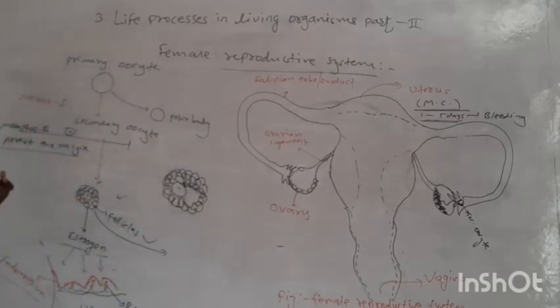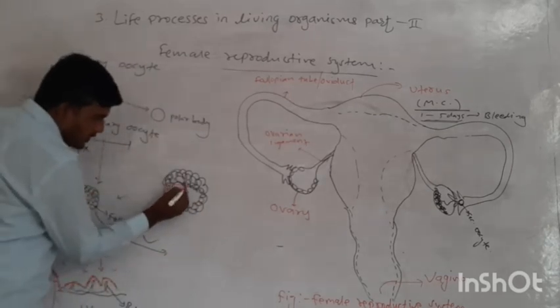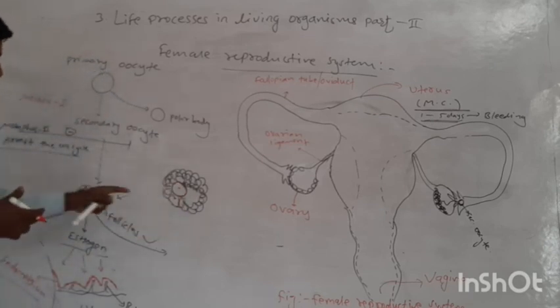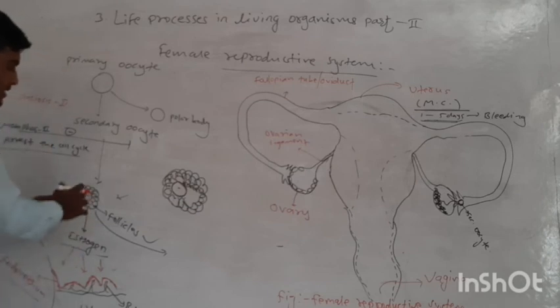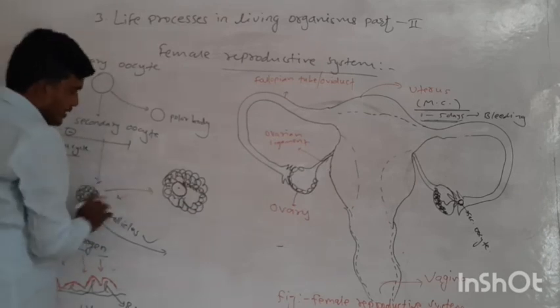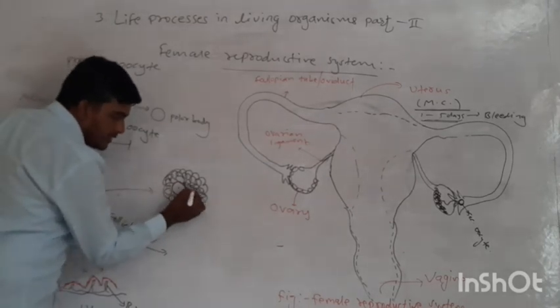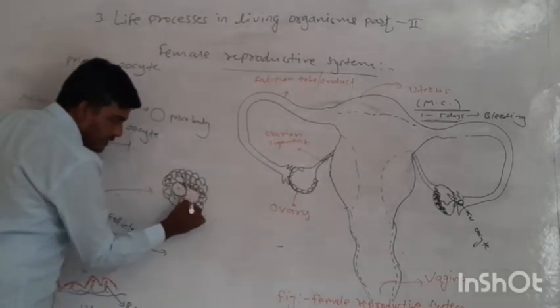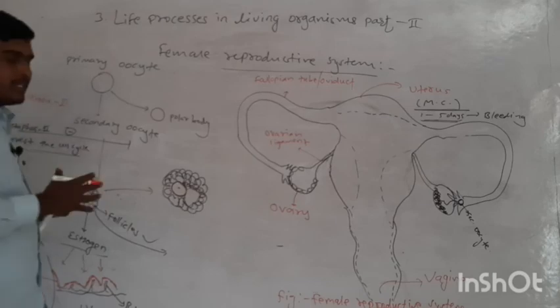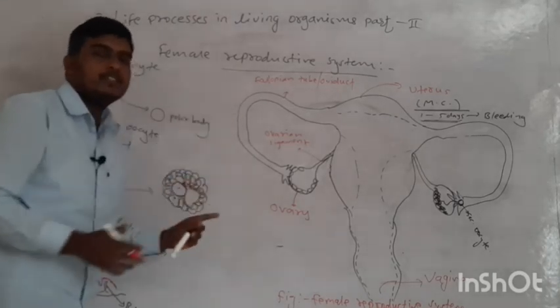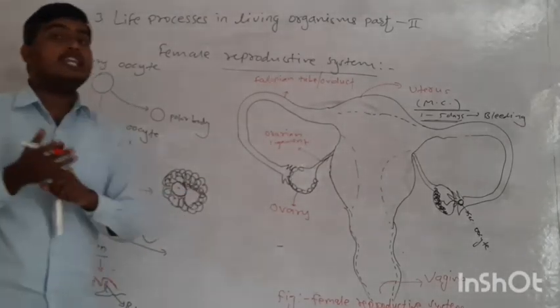This secondary oocyte, our ovum, converting from secondary oocyte into ovum, that process is called ovulation, and this is the space. This space gradually increases when the structure increases in the presence of luteinizing hormone.